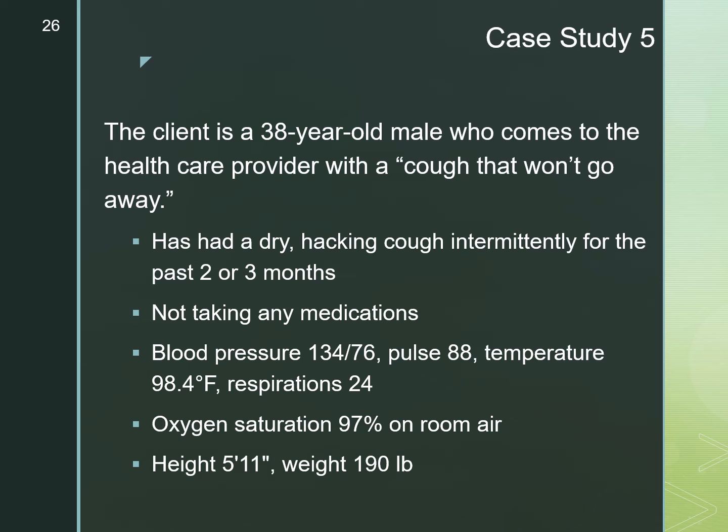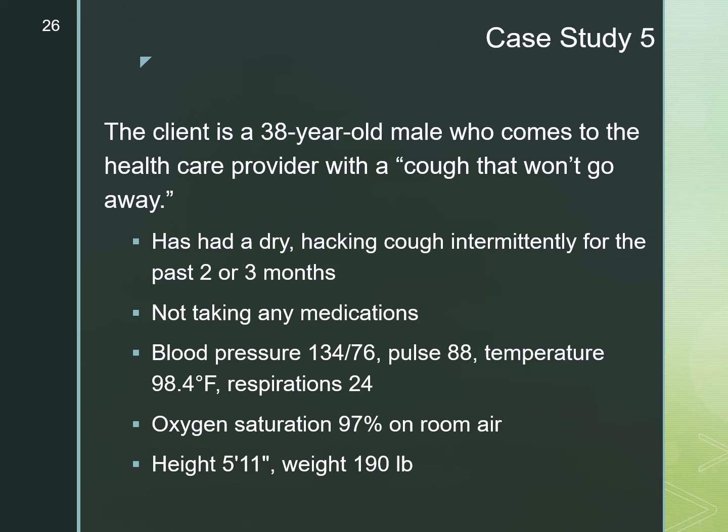So definitely important to find out what the client smokes. And that can also include cigars and pipes. We also need to know about chewing tobacco or smokeless tobacco products. If they don't smoke, are they exposed to secondhand smoke? And if they do smoke, have they ever made any effort to quit?